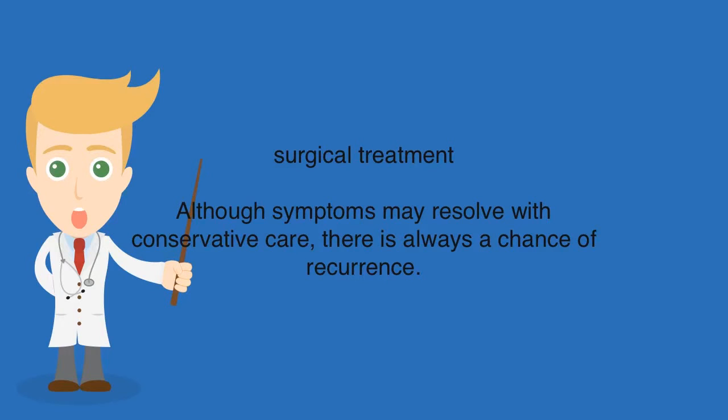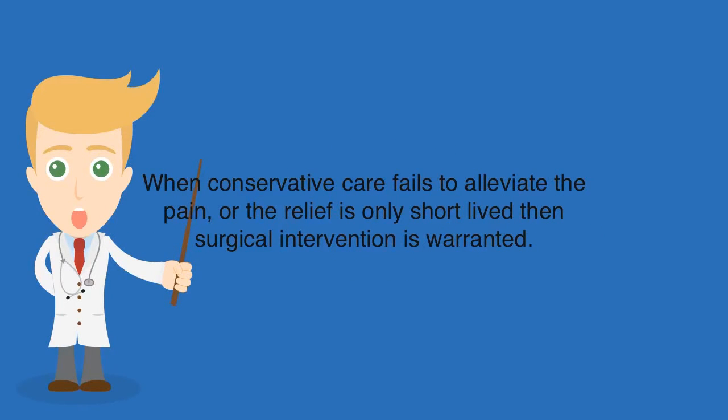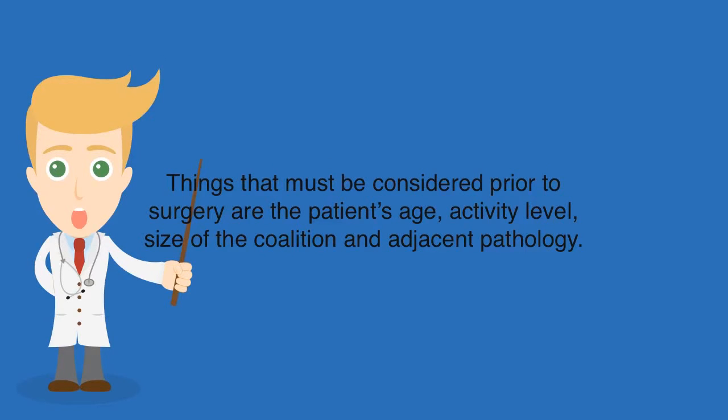Surgical treatment. Although symptoms may resolve with conservative care, there is always a chance of recurrence. When conservative care fails to alleviate the pain, or the relief is only short-lived, then surgical intervention is warranted. Things that must be considered prior to surgery are the patient's age, activity level, size of the coalition, and adjacent pathology.